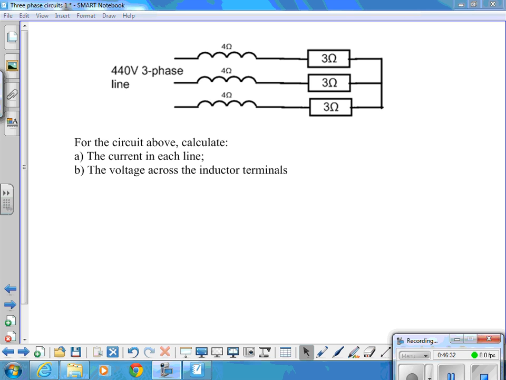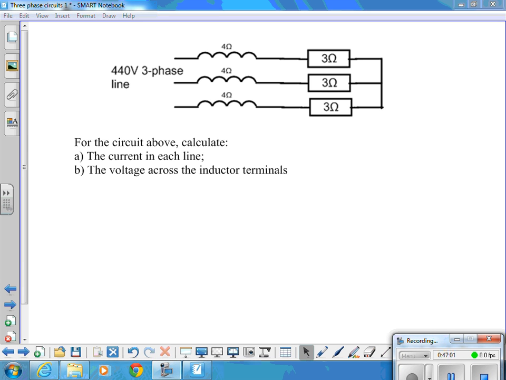For that circuit, calculate the current in each line and the voltage across the inductor terminals. How are we going to do that one then?